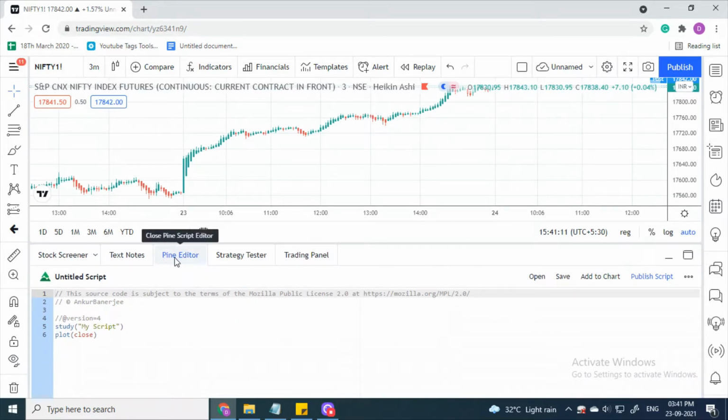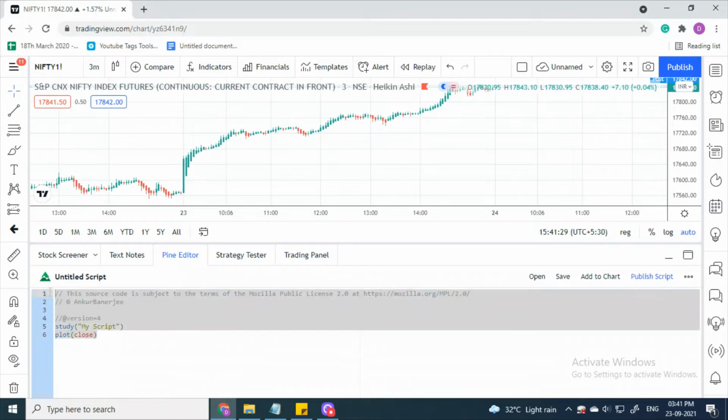On the right hand side there is an option called Open. Click on Open and click New Blank Indicator. Once you open this new blank indicator, make it blank.